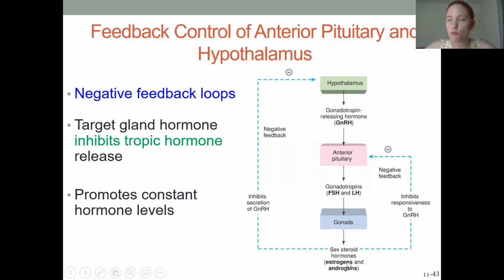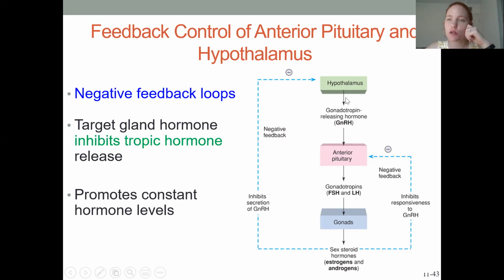Now, here's where the important piece of the story comes. Those hormones that are secreted from that second endocrine gland also do their own function in the body, but what they also do is they come back and they negatively inhibit the anterior pituitary and the hypothalamus.